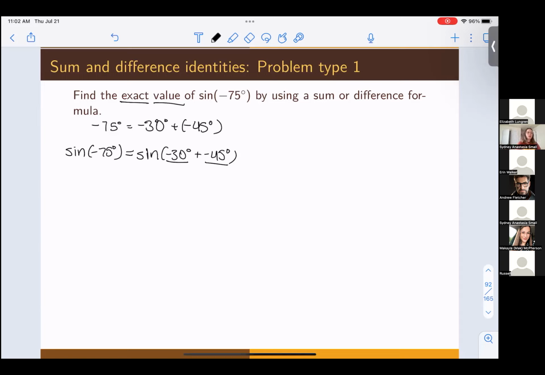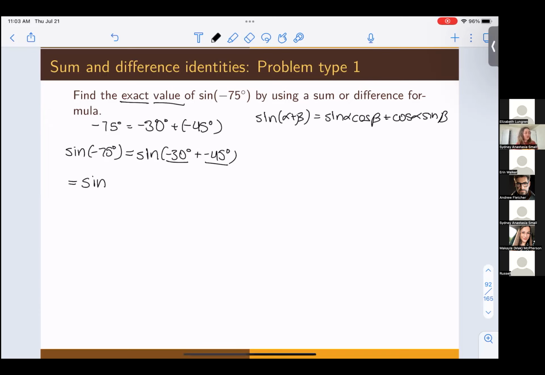So let's do that. Again, I'm going to use the sum formula for sine because I have a sine and I'm going to use a plus. You could also just do negative 30 minus 45 degrees and use the difference formula for sine. It doesn't matter as long as you're consistent all the way through. Using the formula we've been using for the last few slides, if you remember, sine of alpha plus beta equals sine alpha cosine beta plus cosine alpha sine beta.